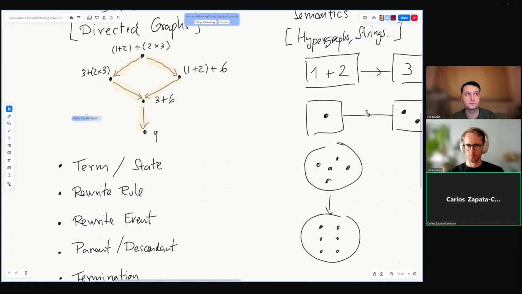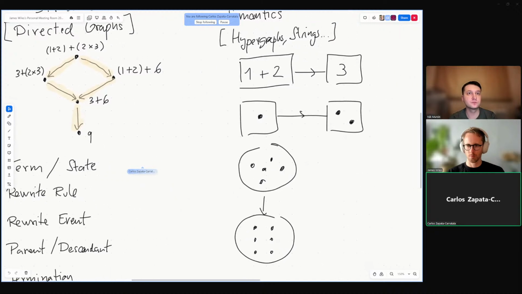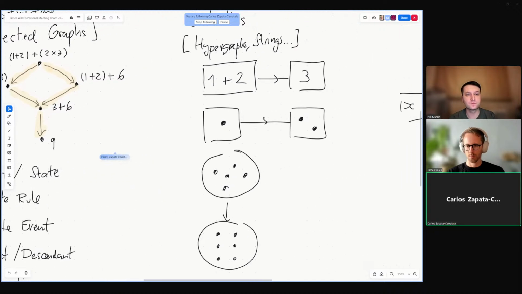Now, the rewrite rule is a declaration of a pattern and a transformation of that pattern in context. There are many ways of doing rewriting. There's a lot of flexibility in terms of what you consider a match of a pattern, and what you consider to be contextual information that has to be preserved. We are by no means trying to cover all cases here or trying to be exhaustive.